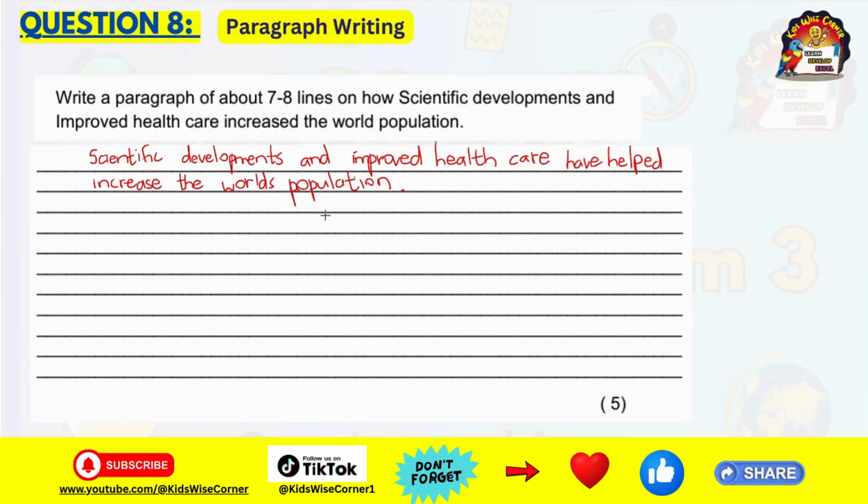Better medical treatment has reduced death rates. And vaccinations have prevented deadly diseases. Improved farming methods have led to more food.